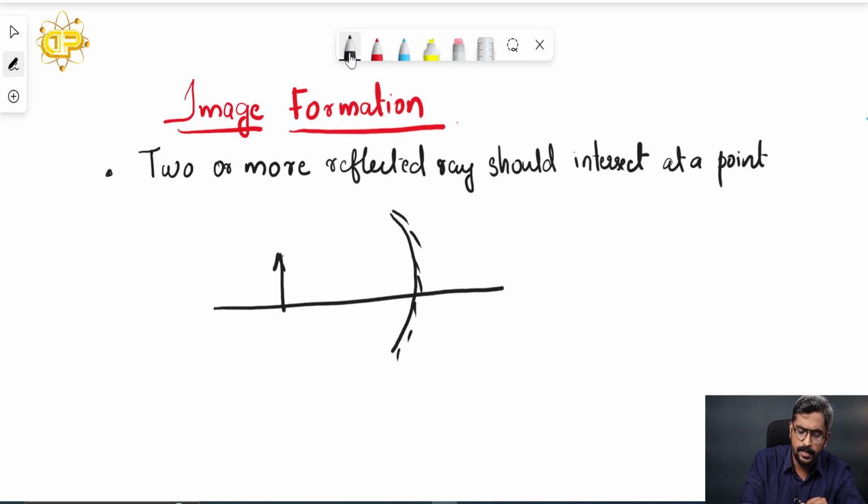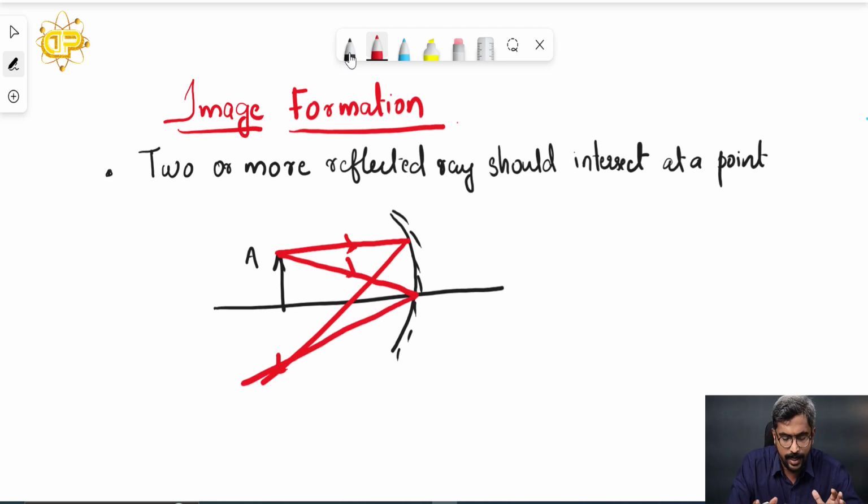If this is point A, then from point A, if a ray is coming, it will go somewhere like this, and if another ray is coming, it will also move like this. I'm just taking an arbitrary point; this is not the real thing. We'll study the real image formation in the coming classes. At this point the reflected rays intersect.